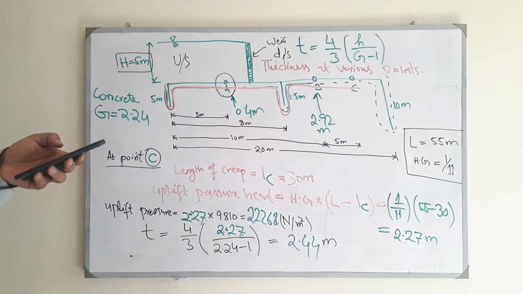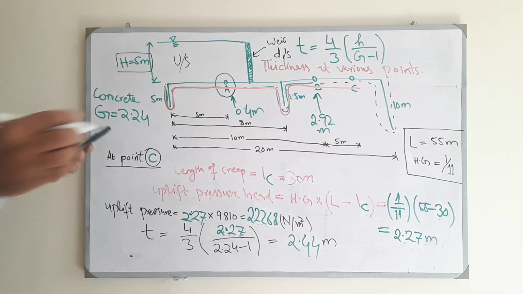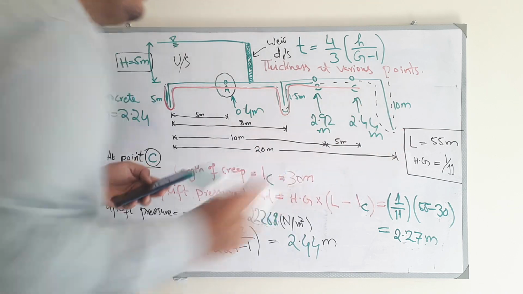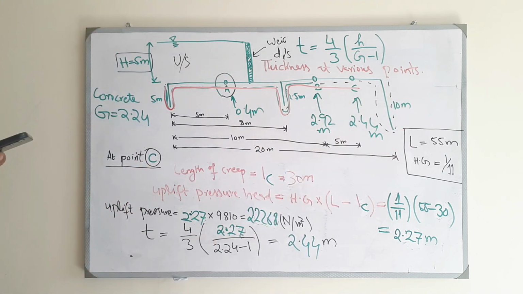So now we have found the floor thickness of 2.44 meter at point C. So this is how you will find the floor thicknesses at the each point of the hydraulic structure's impervious floor.